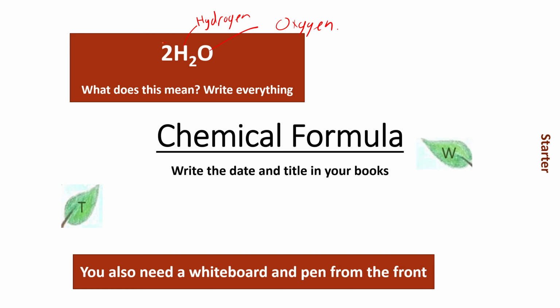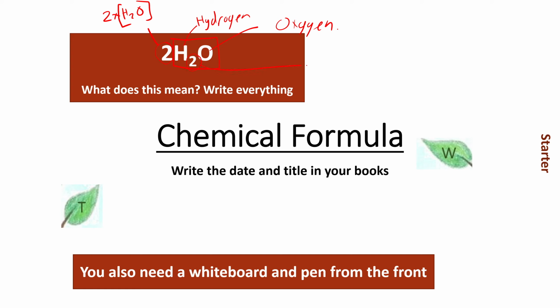Now this big 2 here, that means I have got 2 of these. So this whole molecule is called water, H2O. This is a water molecule, and that means I've got 2 of them. I've got 2 times H2O. Well, what does this little letter mean?